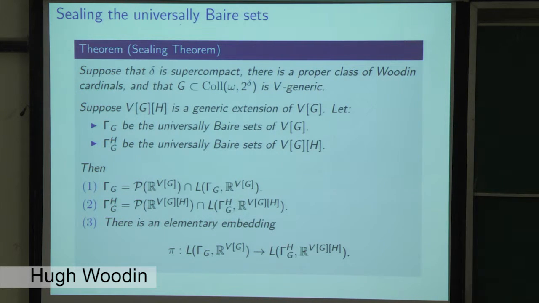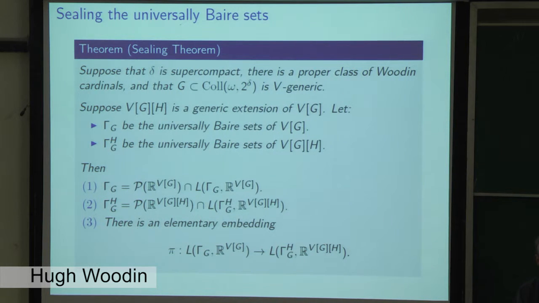So in the 80s, I showed that if you have a limit of strong cardinals and you collapse their sup to omega, you get full generic absoluteness for the projective sets. In fact, you get the projective sets are universally bare.